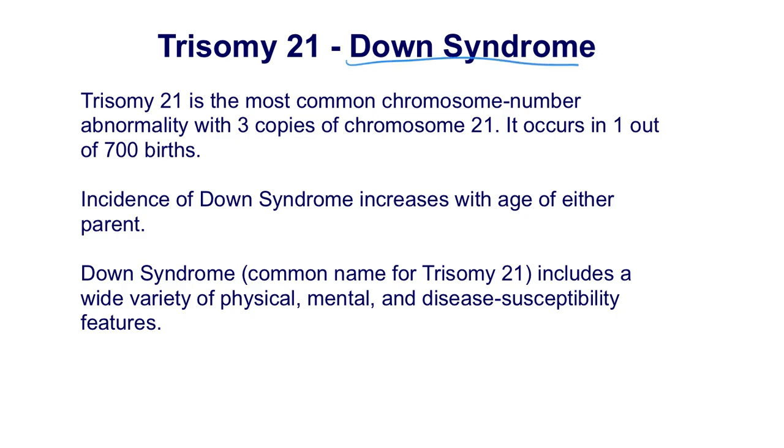Down syndrome is an example of trisomy. In a karyogram, chromosome number 21 has an extra chromosome in the diploid state.